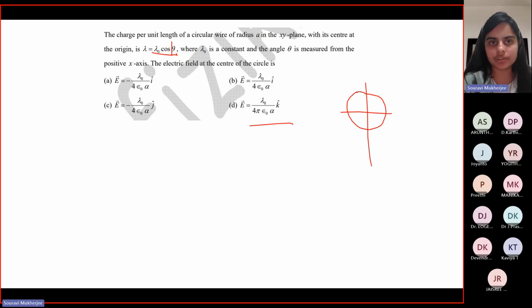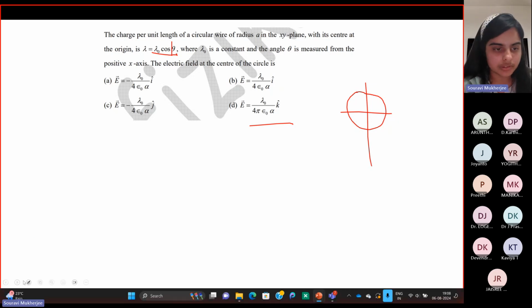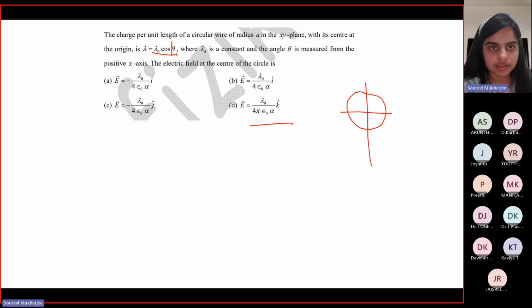So let us try to look at the question, okay? So here, to start with, maybe put theta equal to 0. That means it's along the positive x-axis. So what will be the charge? The charge will be lambda naught, right?